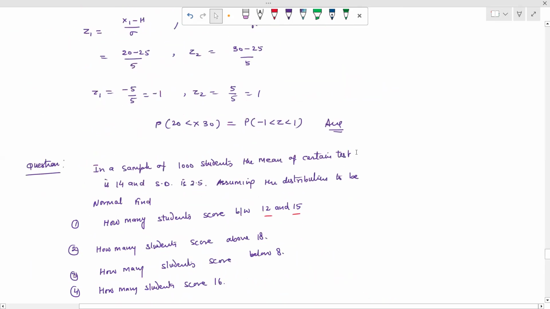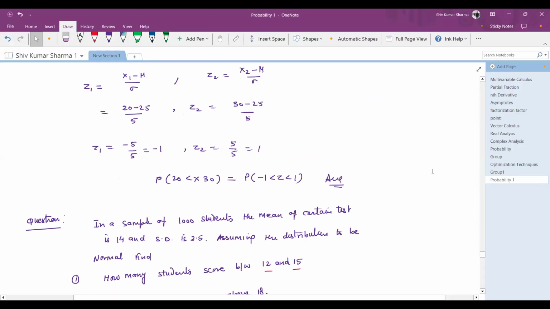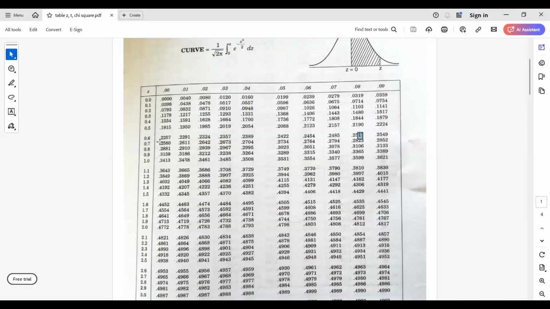We can take the help of the table. For 0.6, the value is 0.2257.